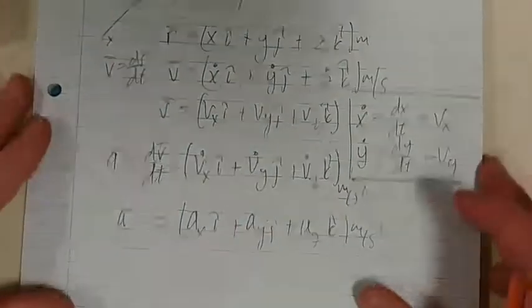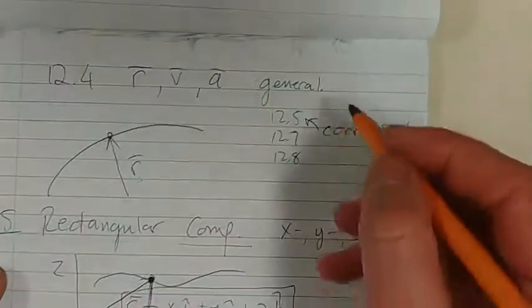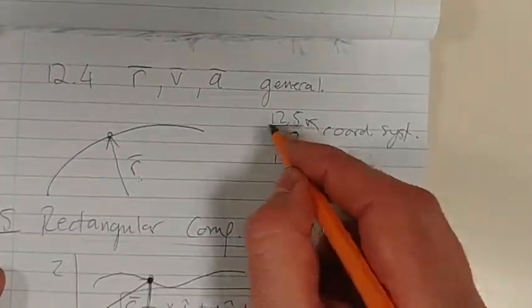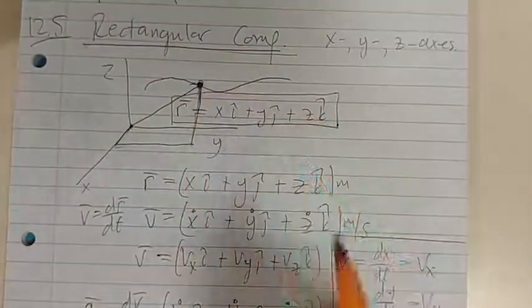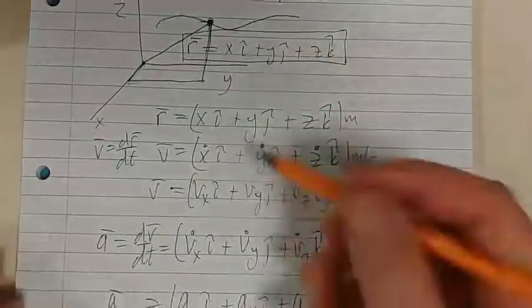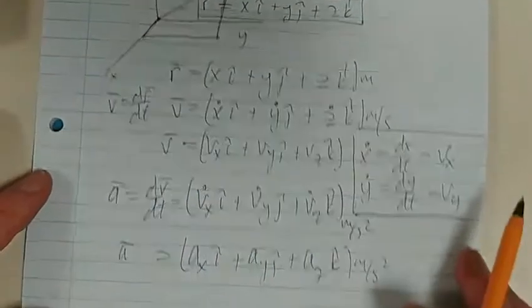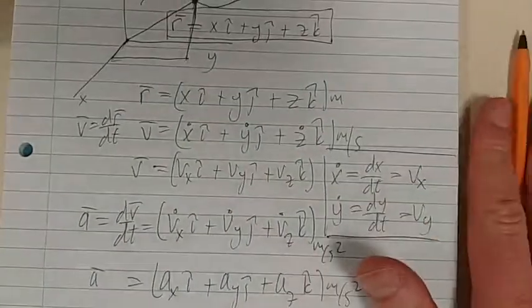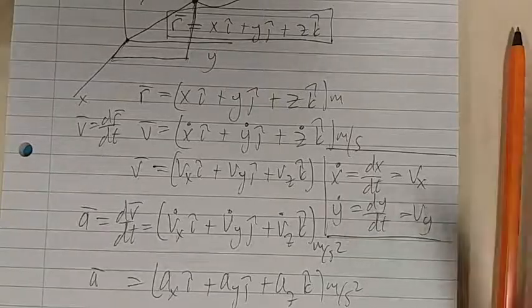Okay, so that's the basic idea. We're looking at a specific coordinate system here, and that is the rectangular components. This is how we define the position of a particle, and we use the same type of coordinate system when dealing with our position, our velocity, and our acceleration. Okay, in the next couple of videos, we'll do some problems. Cheers.